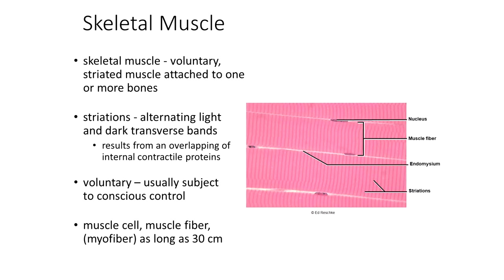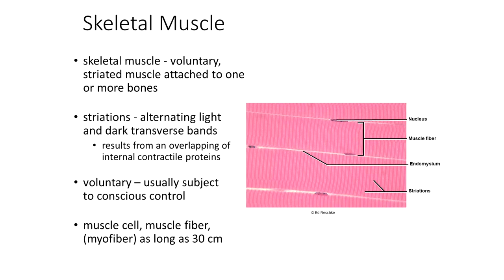So here is a picture of a skeletal muscle. Remember, skeletal muscles are voluntary. They are striated muscles that are attached to one or more bones. Voluntary meaning you're moving them. Remember, cardiac and smooth muscle are involuntary. So skeletal muscle, you make move.